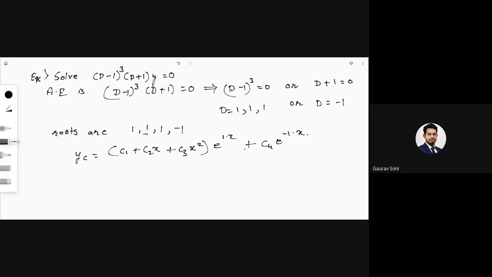So this is the solution. Since the given differential equation is homogeneous, y is equal to yc is equal to this. So I hope it is clear. And then we'll go to the last case.